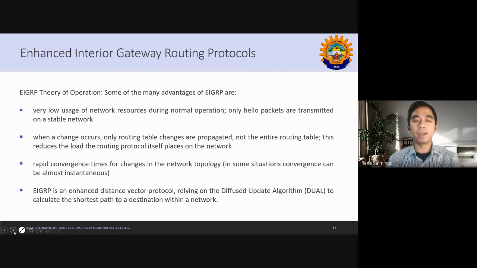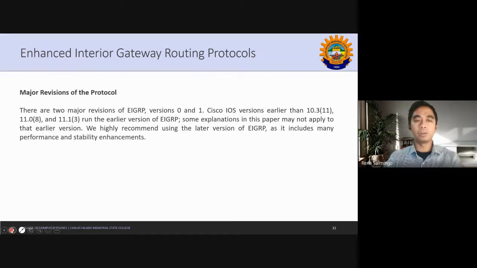EIGRP is an enhanced distance vector protocol relying on the Diffusing Update Algorithm, or DUAL, to calculate the shortest path to a destination within a network. So both are different routing protocols. There are major revisions of the protocol, version 0 and version 1.